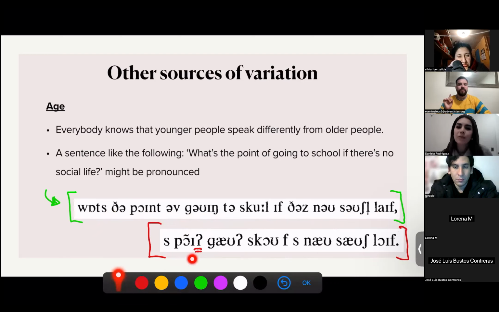That means that, for example, when I say water and I say water, that's the symbol. So it would be spoy, go, skull, no, soch, life. If you are older, you would say life, but if you are young, we would say life.